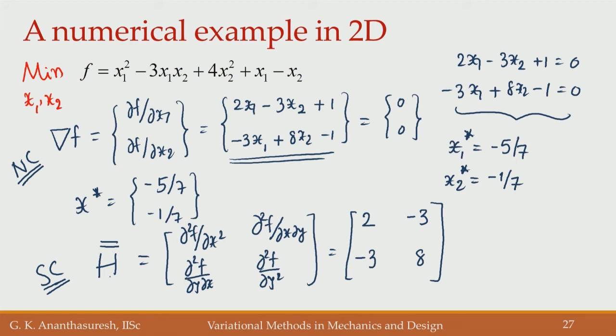In this case, if you look at the determinant of H, if it is positive and both eigenvalues are positive, then I think we can conclude it is a minimum, in which case this point x star turns out to be a minimum. You can plug it in and check, okay, that both eigenvalues of this H are going to be positive, and hence this point x star that we found is actually a minimizer for this problem.